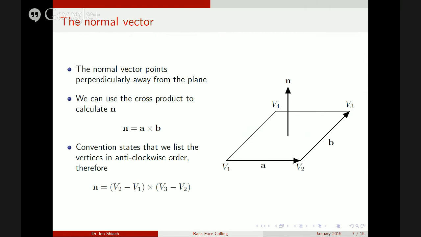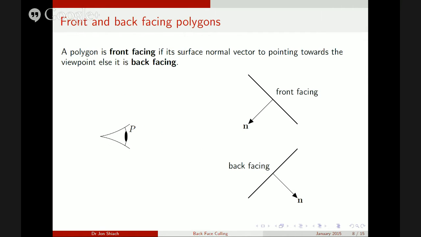So if I take my A vector to be vertex 2 minus vertex 1, cross product with the B vector, vertex 3 minus vertex 2, that will give me the normal vector. You've seen that a number of times in the past. I'll probably also repeat it in the future, just to cover it.